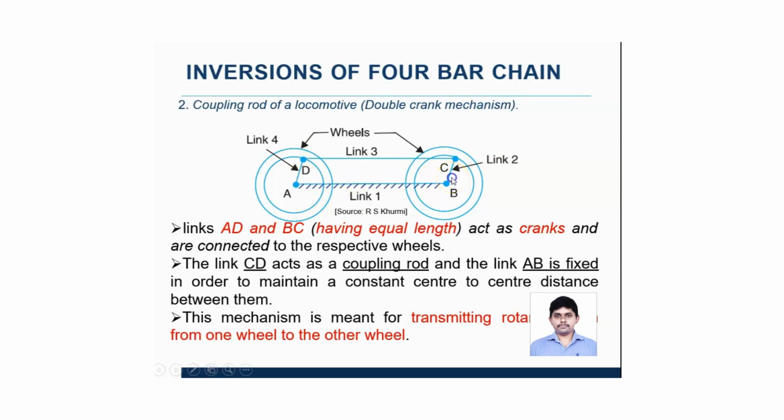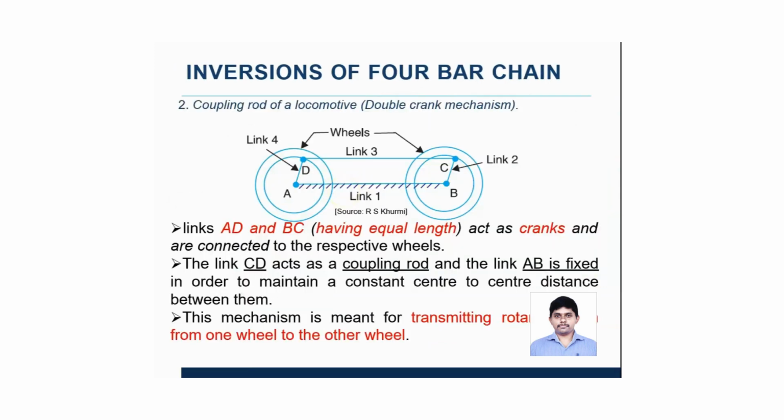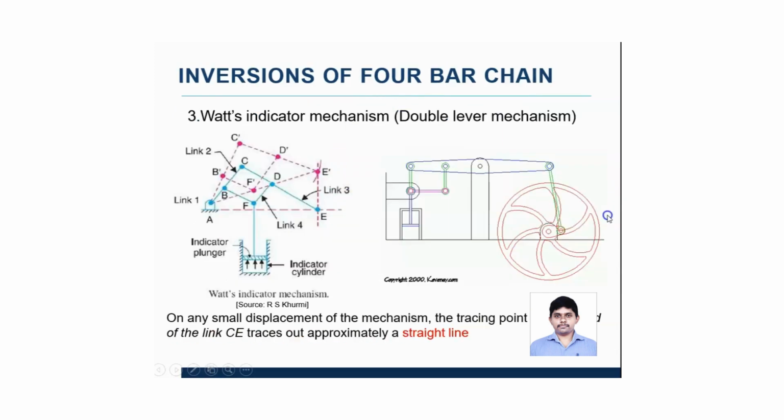Generally the rotational part is called the crank, and the reciprocating part is called the lever. The connecting rod has an oscillatory motion. Here AD and BC are the same length and they travel through the same rotation, and because of that it produces rotational output in the wheels. That is why it is called the coupling rod or double crank mechanism.